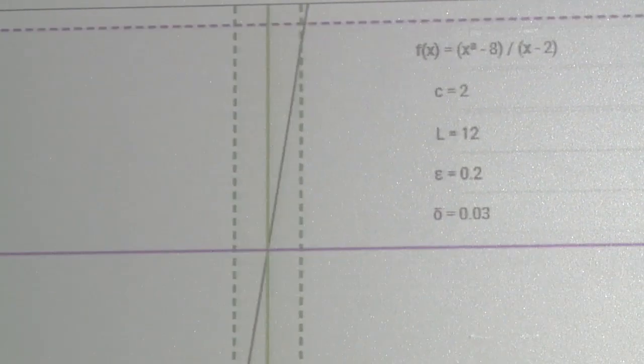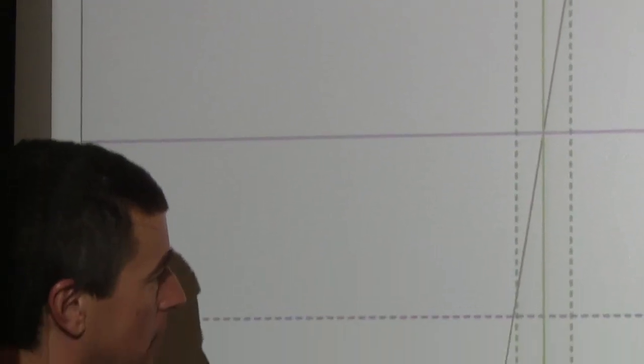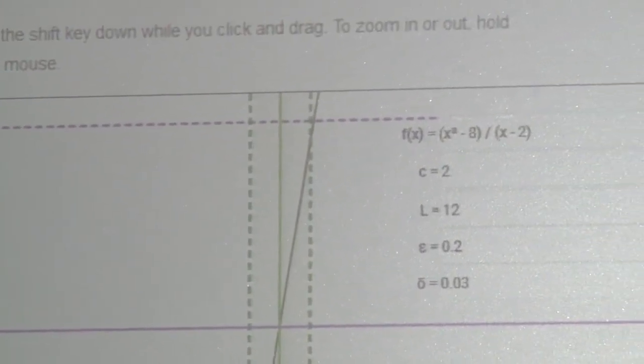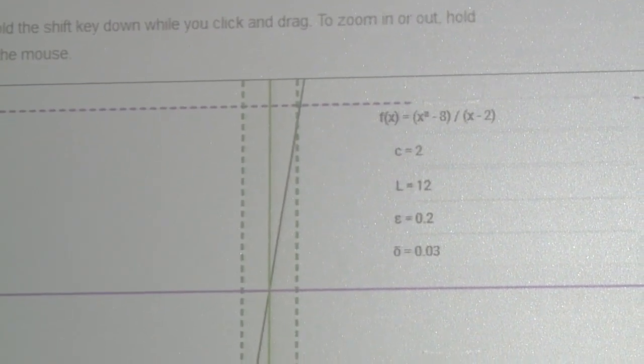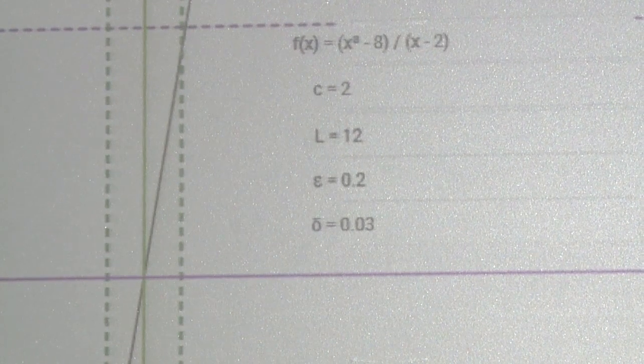That barely works, right? You can see that, in fact, we have a little bit of room to spare right here and right there. And so, of course, any smaller delta would work as well. But again, all we need to do is find one delta.